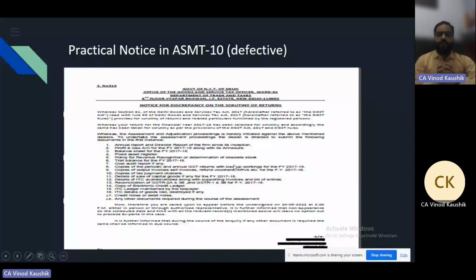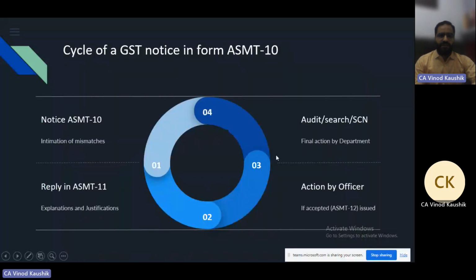Accordingly, this notice needs to be dropped, and a fresh notice can be issued wherein the officer is required to mention the detailed discrepancies which he has identified during the scrutiny of my returns. You can see there is a long list of documents wherein the officer is trying to seek my information.